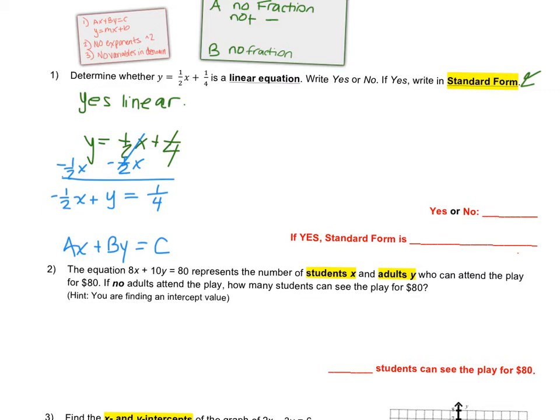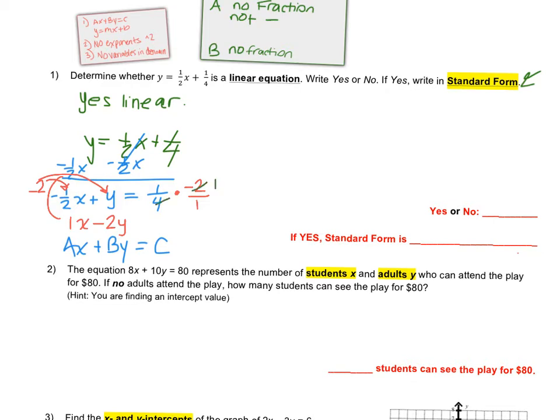Times by -2/1. Very nice. Multiply the entire equation by -2. When you multiply the entire equation by -2, this becomes +1. -2 times +y is -2y. And -2 times 1/4 is basically a fourth of -2.